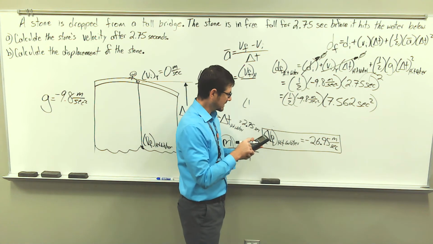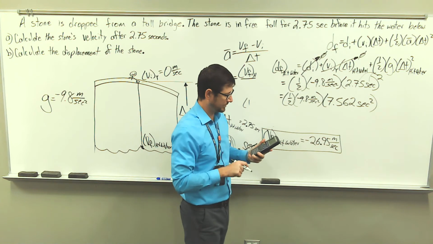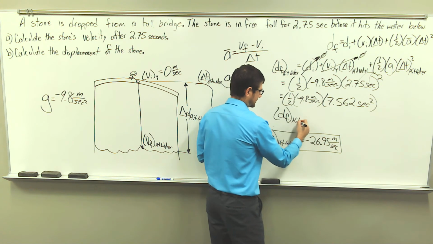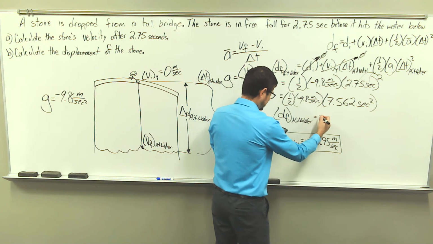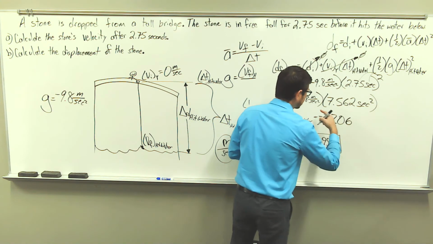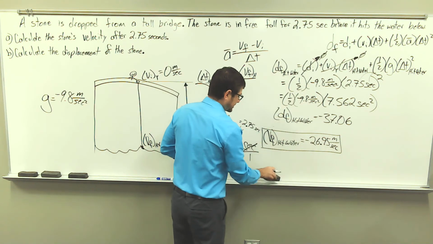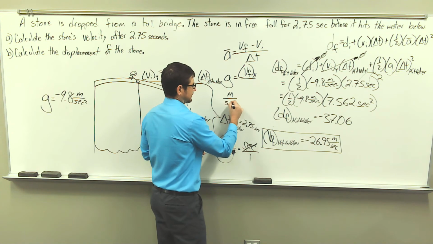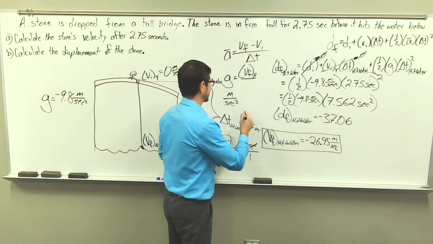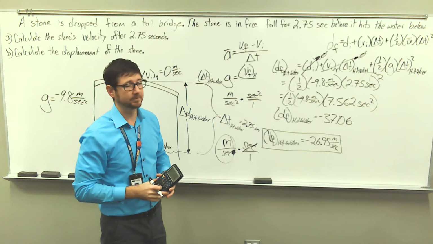So this value times negative 9.8 divided by 2. So d sub f to hit the water is equal to a negative 37.06. And let's take a look at our units here. So I have acceleration due to gravity, meters per second squared, times seconds squared, and algebraically we can write this over 1, seconds squared over 1, okay?